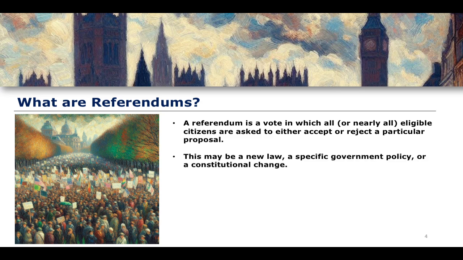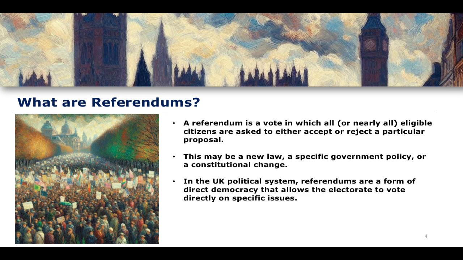It may be a new law, it may be a new specific form of government policy, or, as is often the case when it comes to referenda in the United Kingdom, it is a change which is constitutional in nature. Quite a major constitutional change that has quite a lot of democratic, political, and legal significance for quite a lot of people.